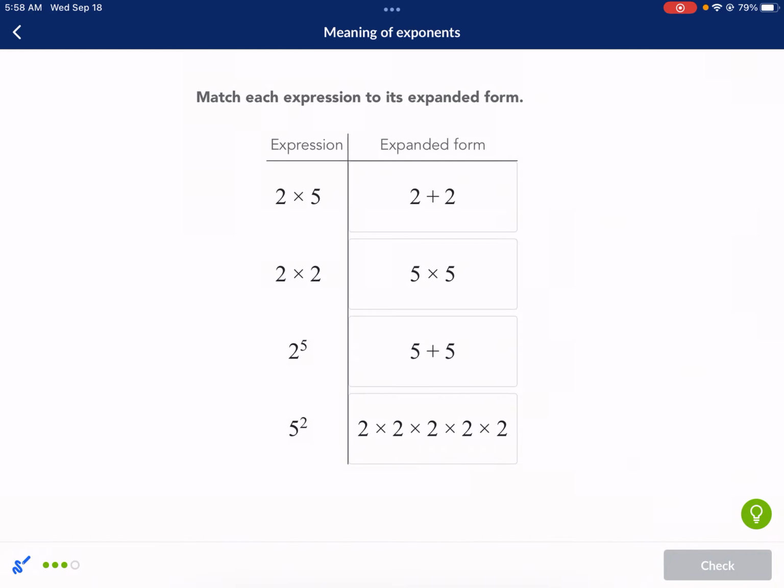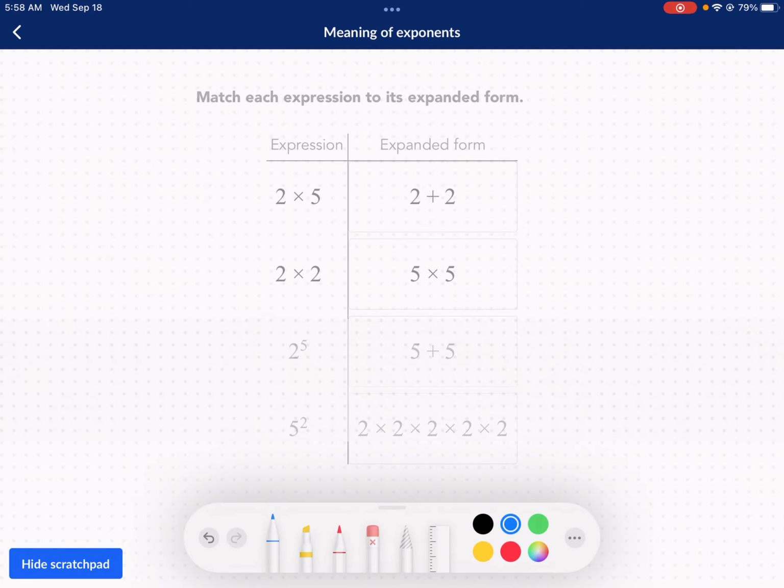We're on to our last question, which is similar to our first question. We just need to arrange this. So let's take a look. We have 2 times 5. Anytime you have multiplication, the expanded form is always going to be addition.